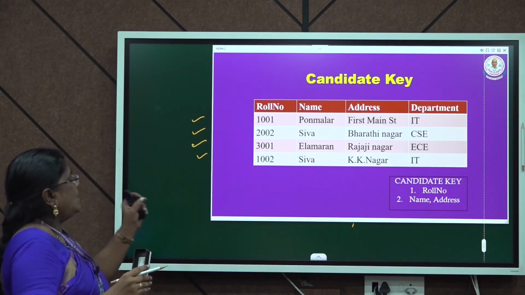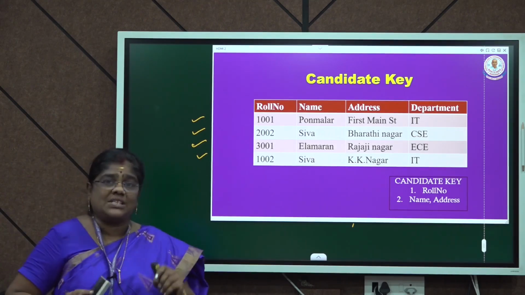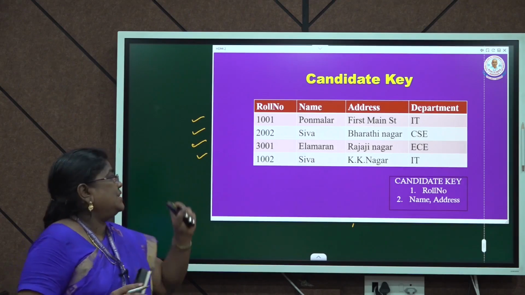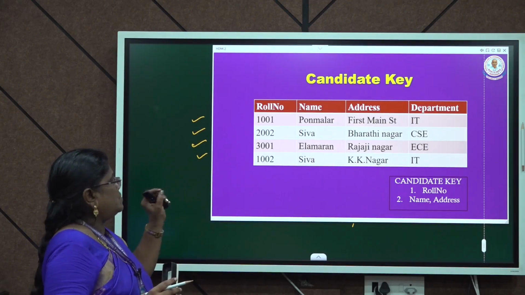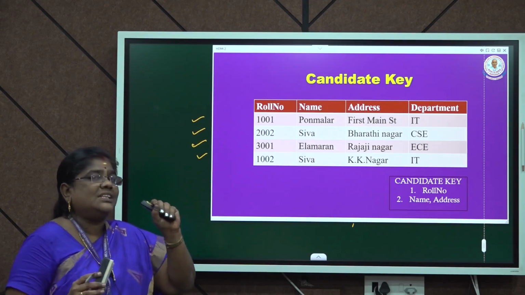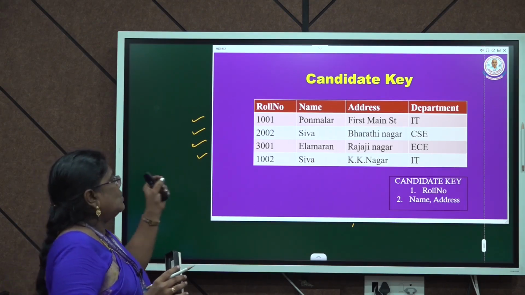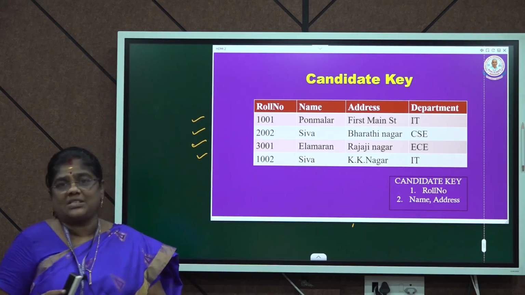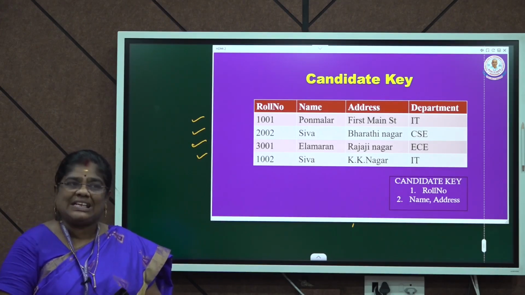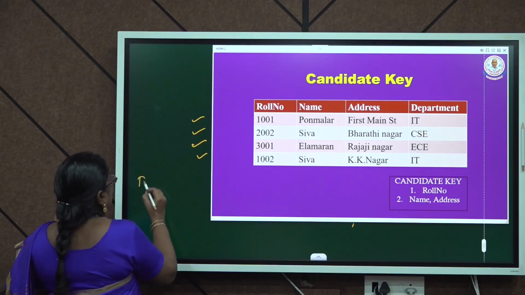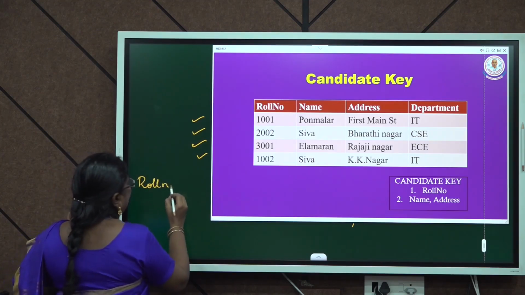And the roll number 1001 identifies the first row alone, and in the same way 2002 identifies the second row, only one row. Similarly, the third row 3001 and 1002 also uniquely identify a single row. Hence, I can say roll number is a key.